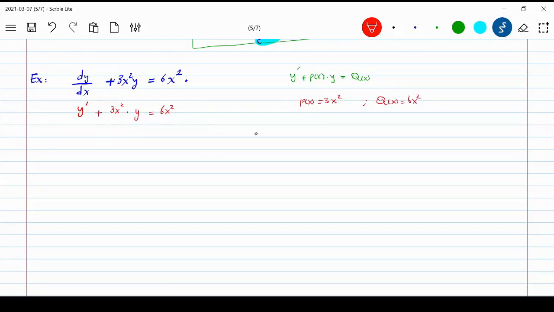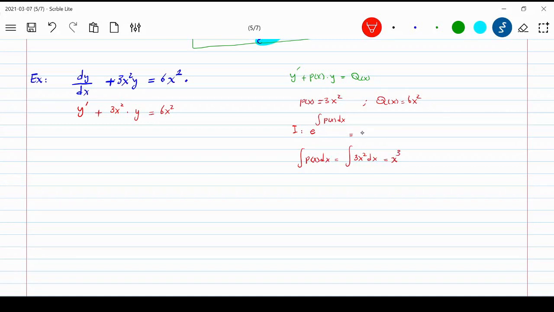Then, what is the integration factor? So that integration factor is e to the power the integral of px dx. So first I need to find out what is the integral of px dx. It would be the integral of 3x squared dx, and this is simply x cubed.